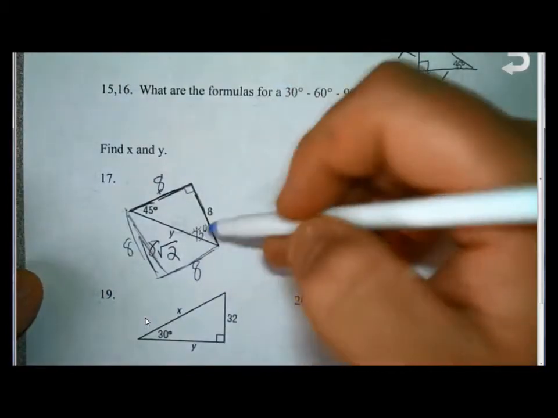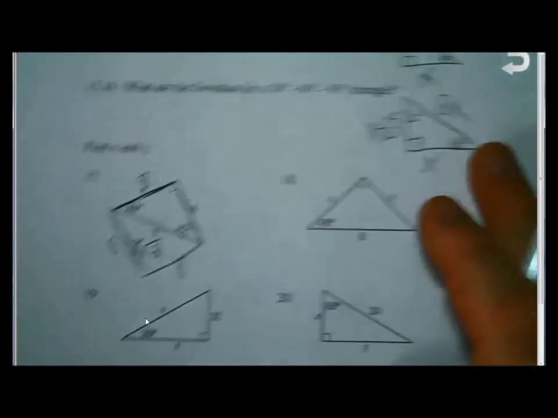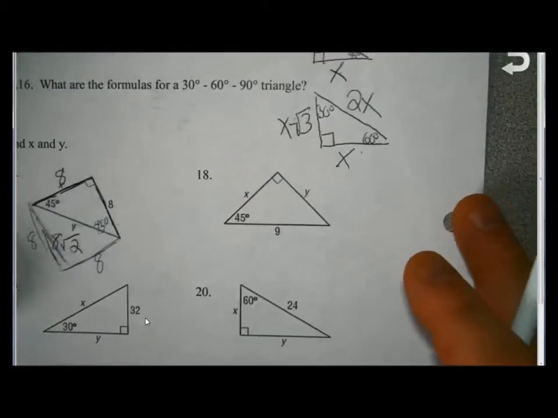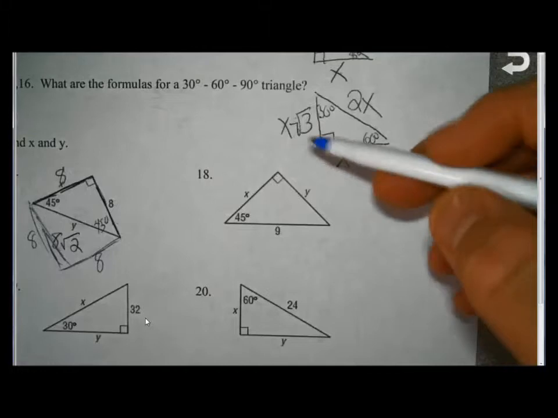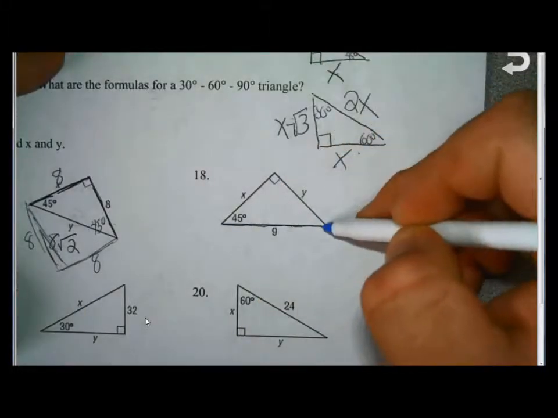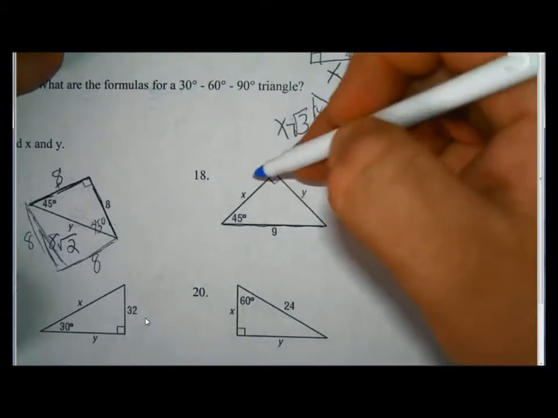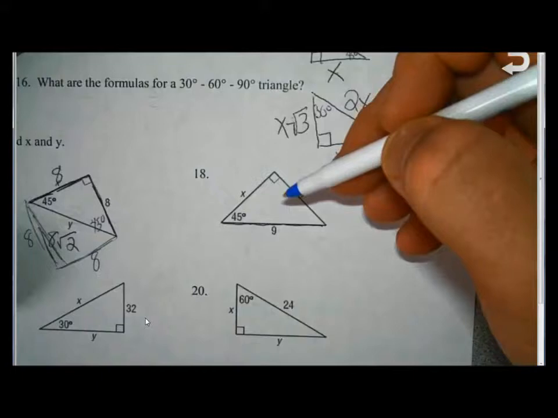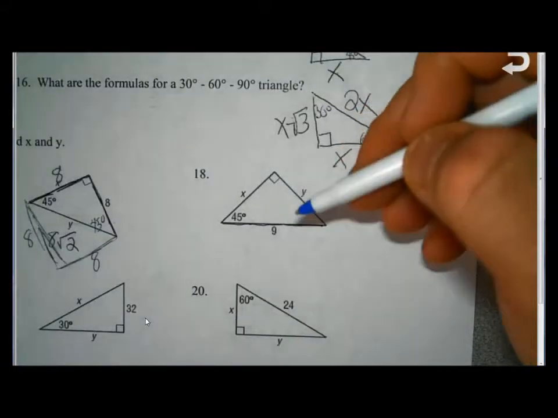The diagonal is 8 times the square root of 2. Alright, so the same thing happens in number 18. So, Dakota, if the hypotenuse is 9, how do I work backwards to the legs? Don't tell me the answer, tell me what you did.